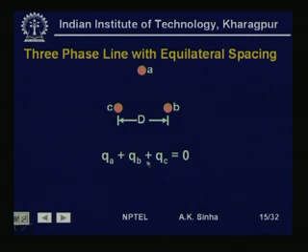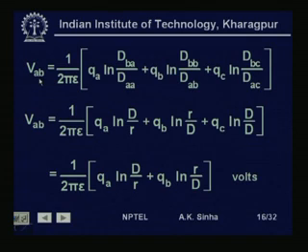We also assume that this system consists of only 3 conductors. So, the sum of the total charges will be equal to 0, that is qA plus qB plus qC is equal to 0. Again, as earlier, we can find the voltage between any 2 conductors.